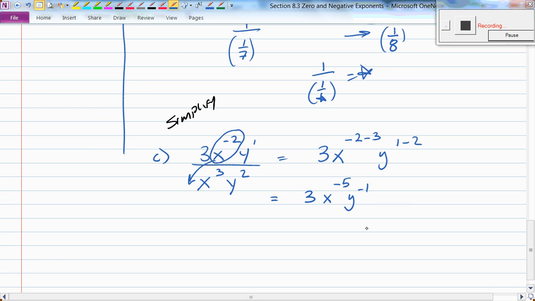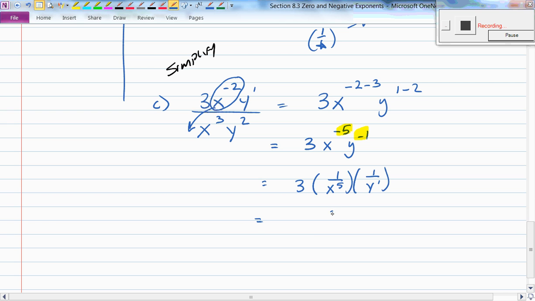But I can't leave my answer like that because I have negative exponents, and we need to write them as positive exponents. So there's going to be 3 times 1 over x to the positive 5th times 1 over y to the positive 1. But that's not how we write fractions. We just write it like this: 3 over x to the 5th times y. So this simplifies to that.